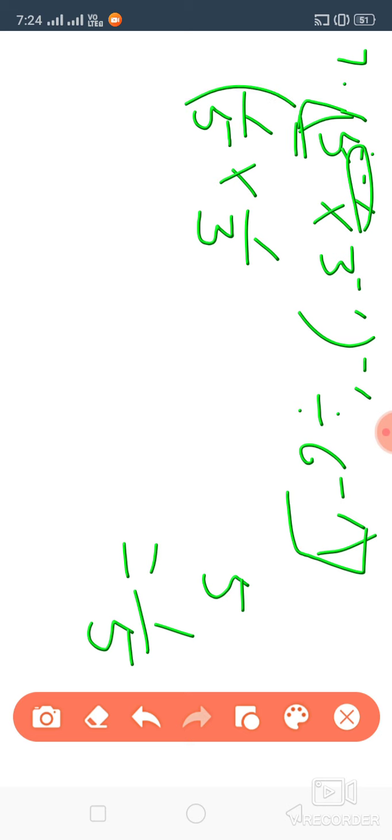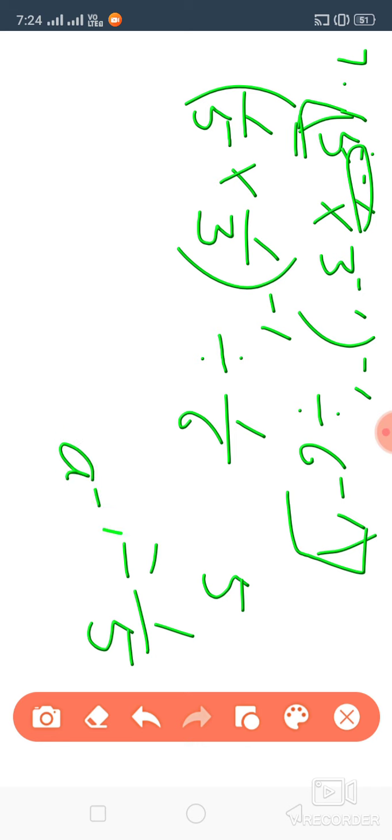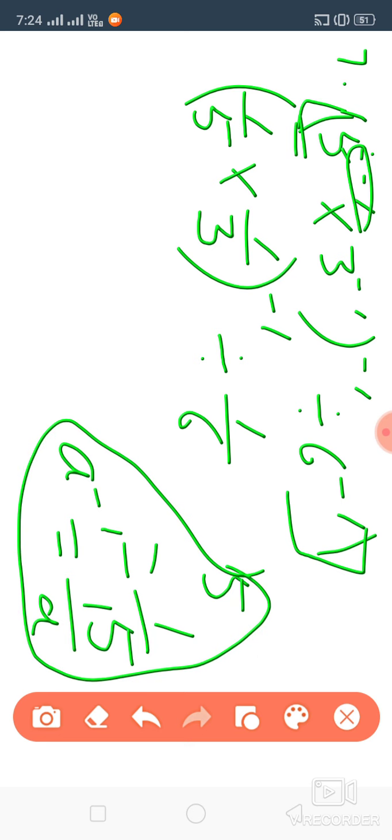Okay, and its whole power is minus 1. Then divided by 6 to the power minus 1, it will become 1 by 6. In the exponent rule you must have studied in class 7 that a to the power minus 1 becomes 1 by a, isn't it? So you must be knowing from class 7 only.